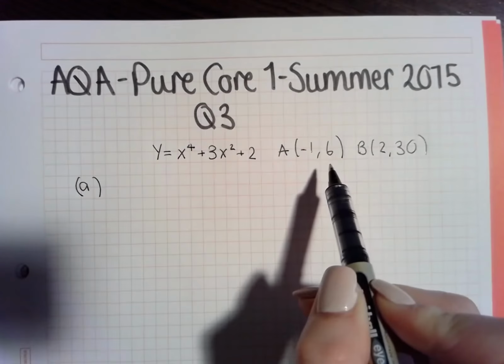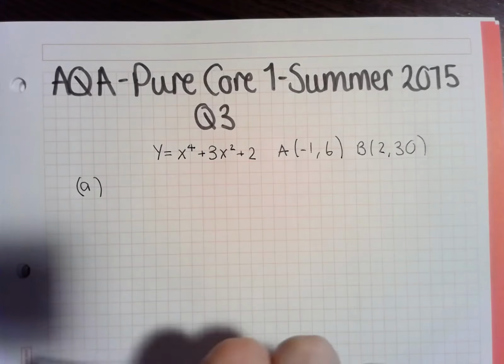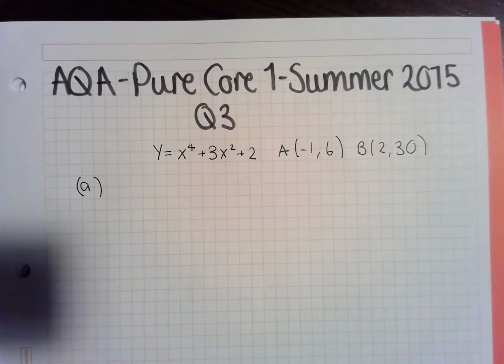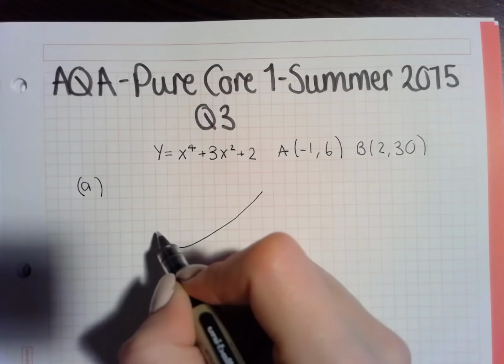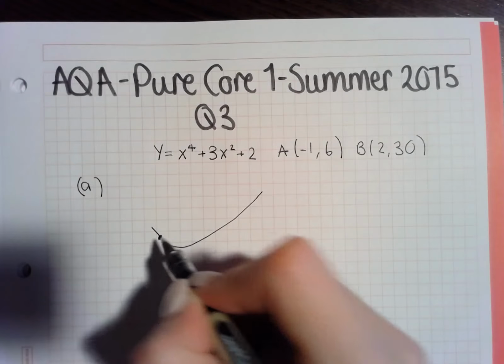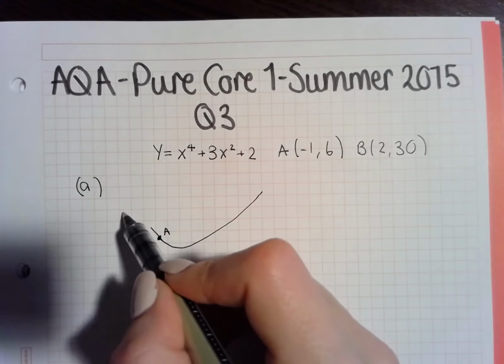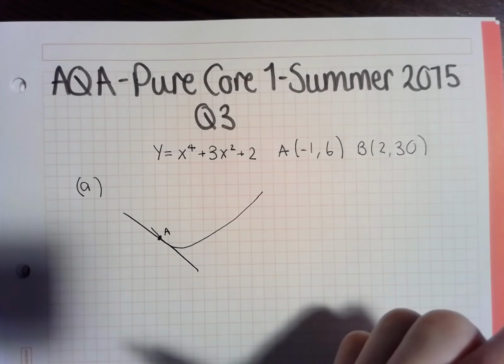So to find the tangent, if the curve is something like that, and this is point A, then the tangent to the curve is the line passing through this point.